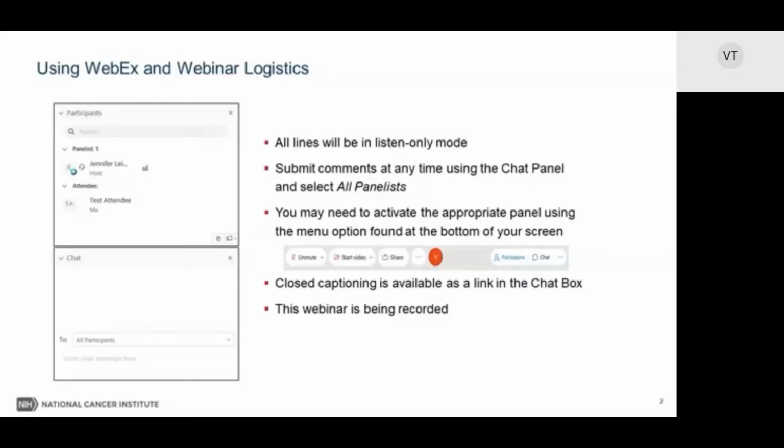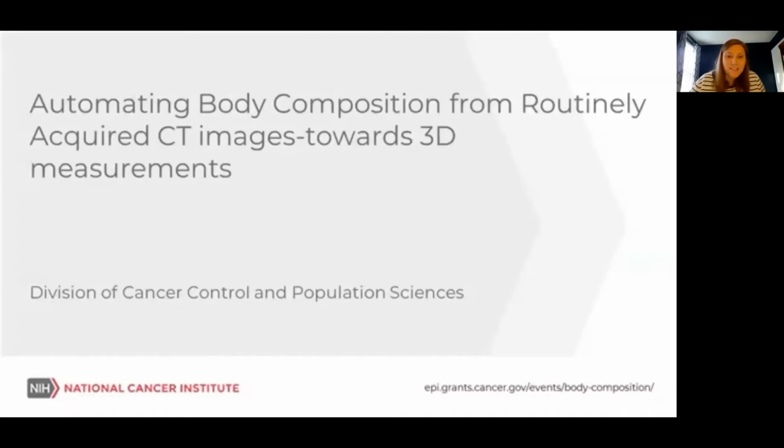And now I'd like to turn it over to Dr. Joanne Elena to introduce our speaker. Thank you, Vanessa. Our speaker today is Dr. Faisal Beg, who is a professor in the School of Engineering Science and the Faculty of Applied Sciences at Fraser University in Canada. He has a Ph.D. in biomedical engineering from Johns Hopkins University and has really been one of the leaders in automating the analysis of CT scans for body composition measures.